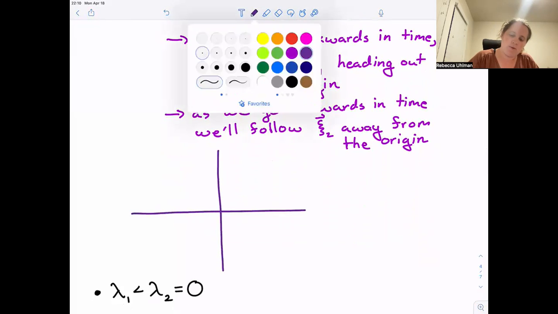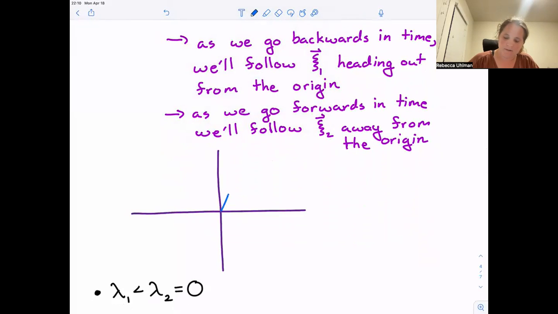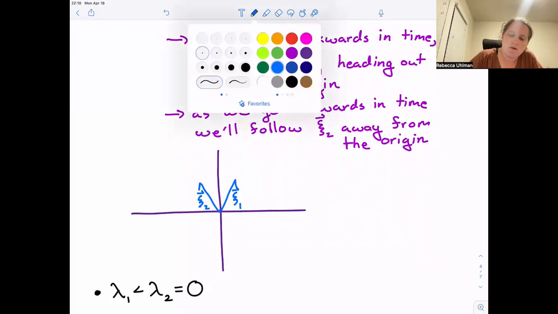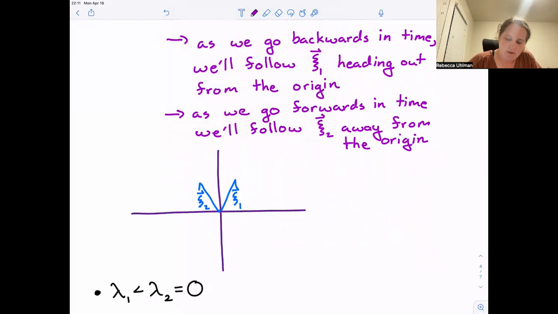Once again, we will draw representative vectors psi1 and psi2. We will have a solution along psi1.